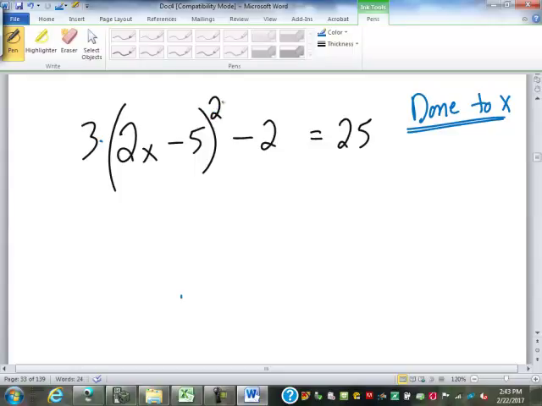Now, if we really wanted to, we could do the 2x minus 5 squared, but that would make this a really tough problem to do, so we're not going to do that. But let's just look at what's been done to x. Let's leave it as it is and look at how this equation was built. So here's x. If x were a number, what's the first thing that would have to happen? Obviously, we're inside the parentheses. Would we multiply it by 2 or would we subtract the 5?